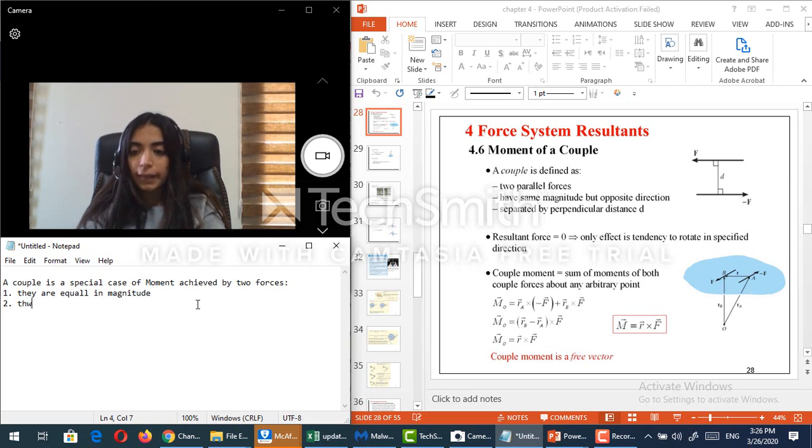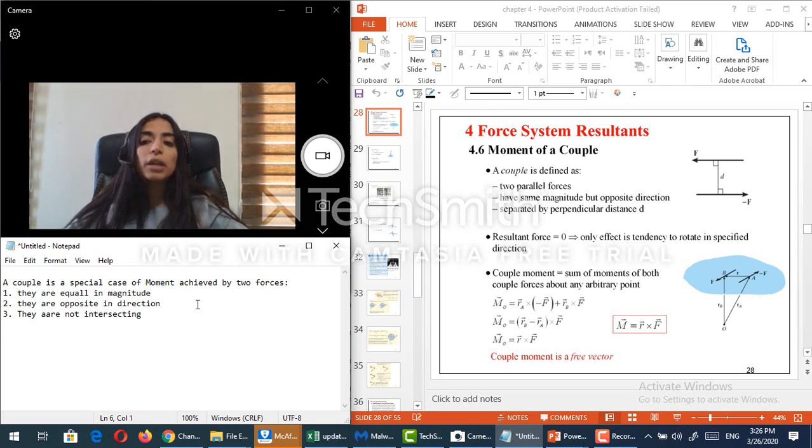Two, they are opposite in direction. And three, they are not intersecting. So these are the three conditions for any two forces to do a couple.